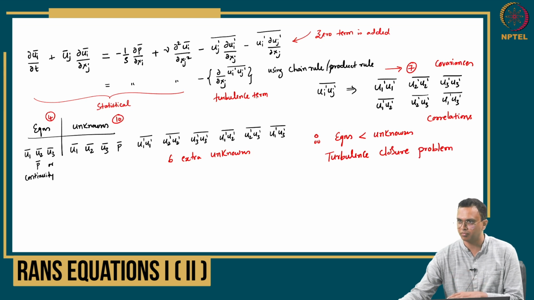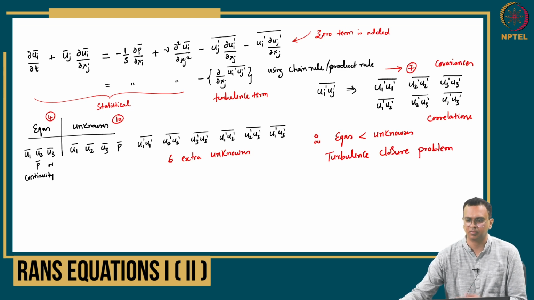We consider a Newtonian fluid and we use that model, Newton's law of viscosity, and the equations got closed. So one can also argue here, why don't we do the same thing here? We can just assume turbulence is a viscosity term, but turbulence is not viscosity. That is the problem, right?